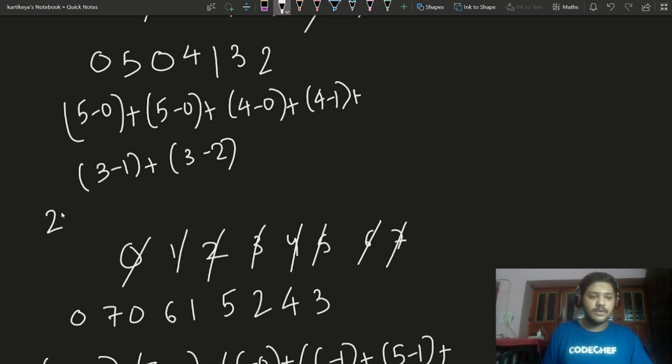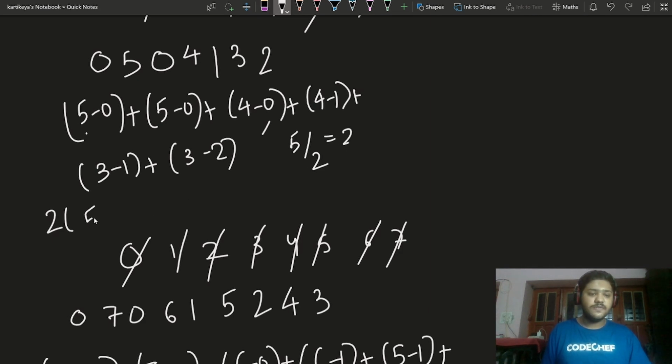Okay, see, we are having every number that is greater than 2, which is 5, 4 and 3. We are having 5 minus 0, 2 times. 4, we are having 4 2 times as well. Here is a 4, here is a 4. We are having 3 2 times as well. Here is a 3 and here is a 3. So every number which is greater than n by 2, which is equal to 2, we are having it 2 times.